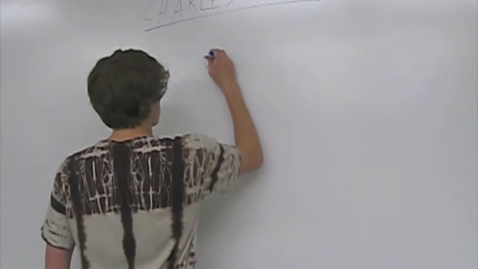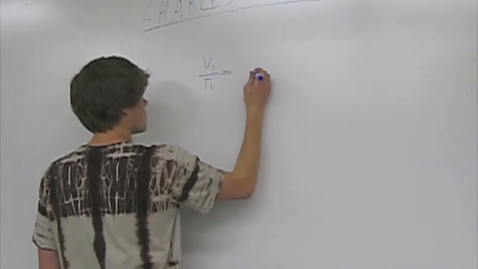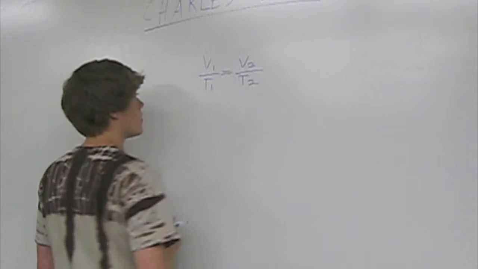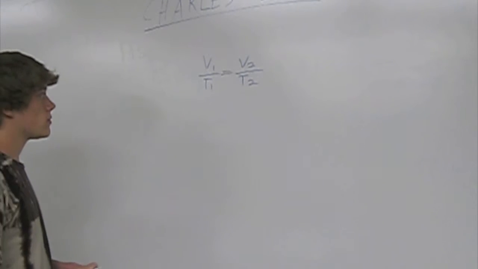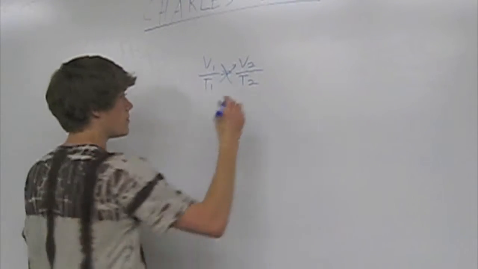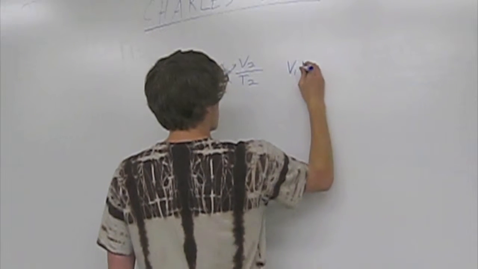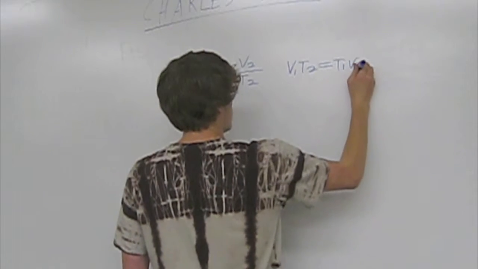So the equation is going to look like V1 over T1 equals V2 over T2. And essentially what people like to do is just cross multiply. So you could also represent that as V1 T2 equals T1 V2.